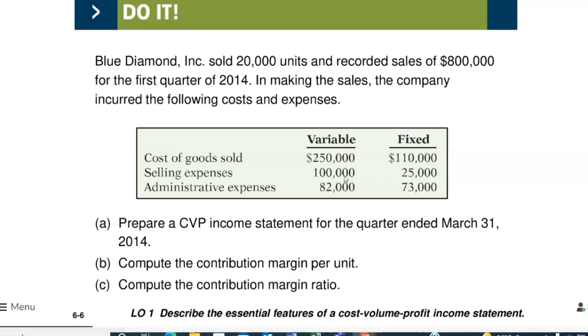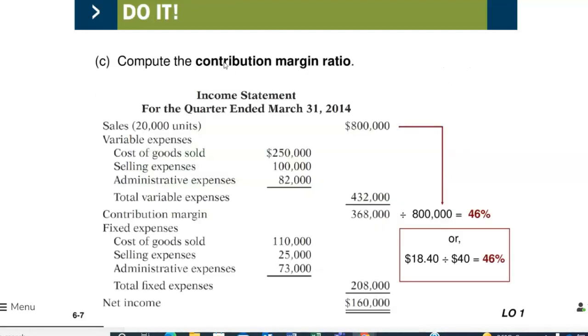So we have the costs broken out for us into variable and fixed. Cost of goods sold, selling and admin. Prepare a CVP income statement and contribution margin per unit and the contribution margin ratio. So we take the sales, 20,000 units at 400 each, and we get 800,000 in sales. Now the variable costs are 432.